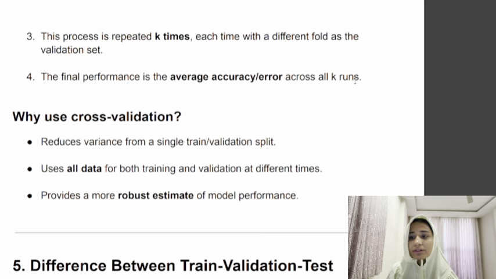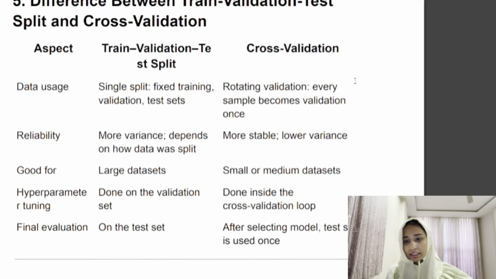Now the difference between train validation test split and cross validation. In train validation test split, there is a single split, with fixed training, validation and test sets. Whereas in cross validation, validation is rotated, and every sample becomes validation once.